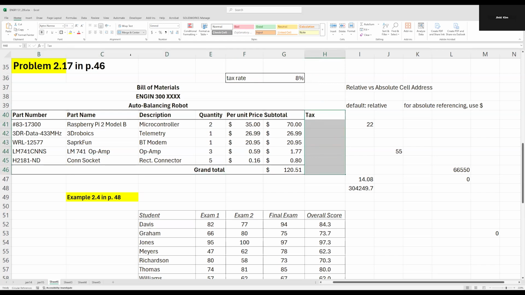So now we have a table like this. Find the tax for each element and then also find a grand total, and use absolute cell referencing. Okay? All right.